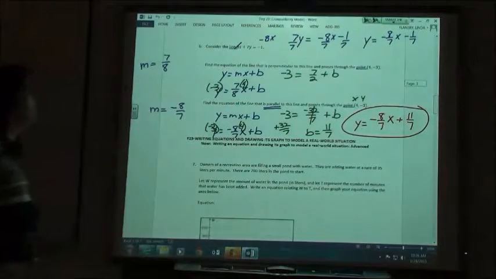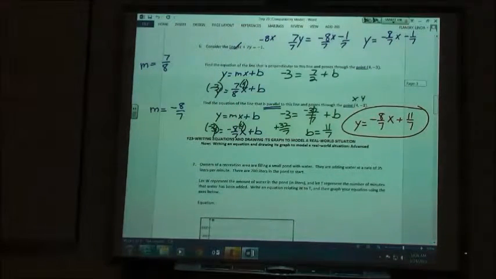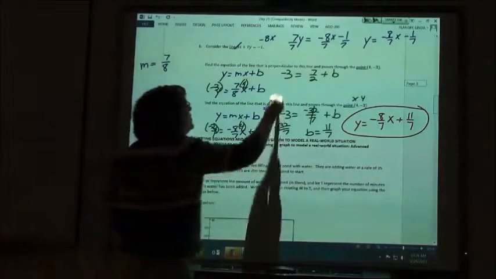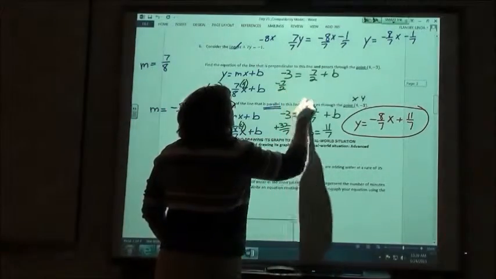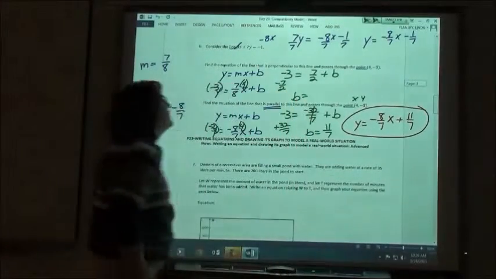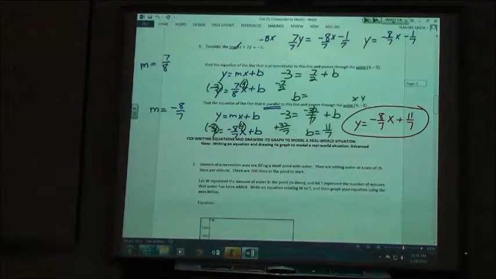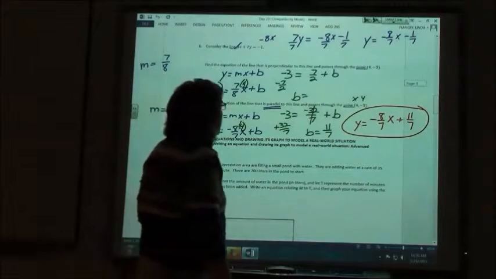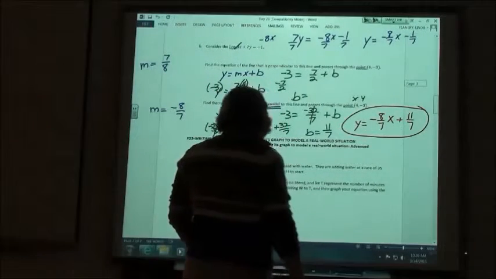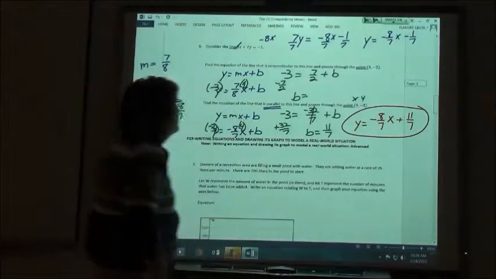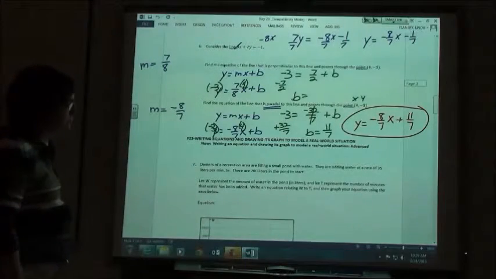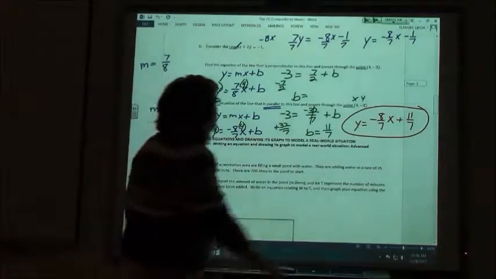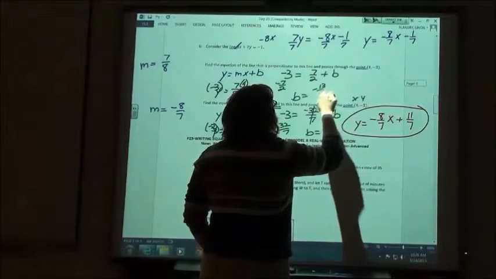And solving that for b, we're going to minus the 7/2. Negative 13 over 2.